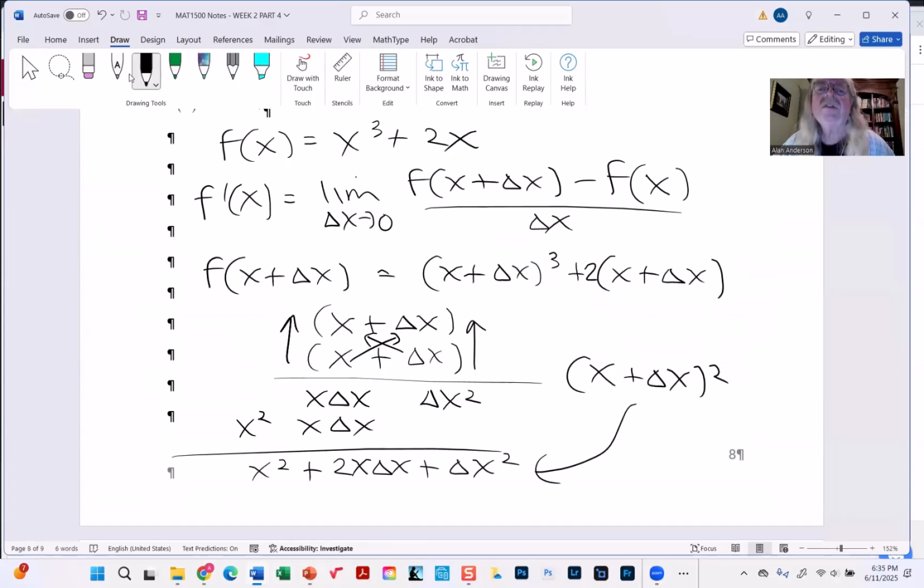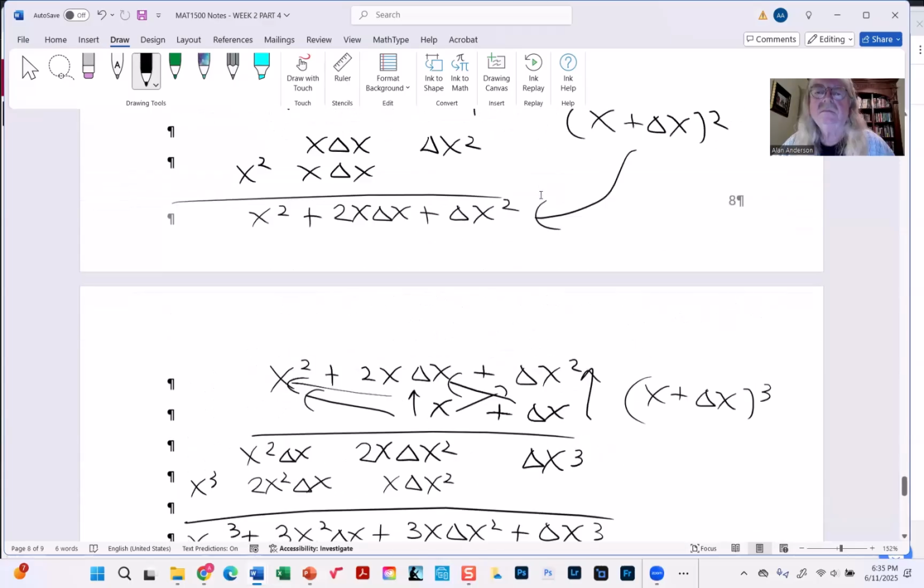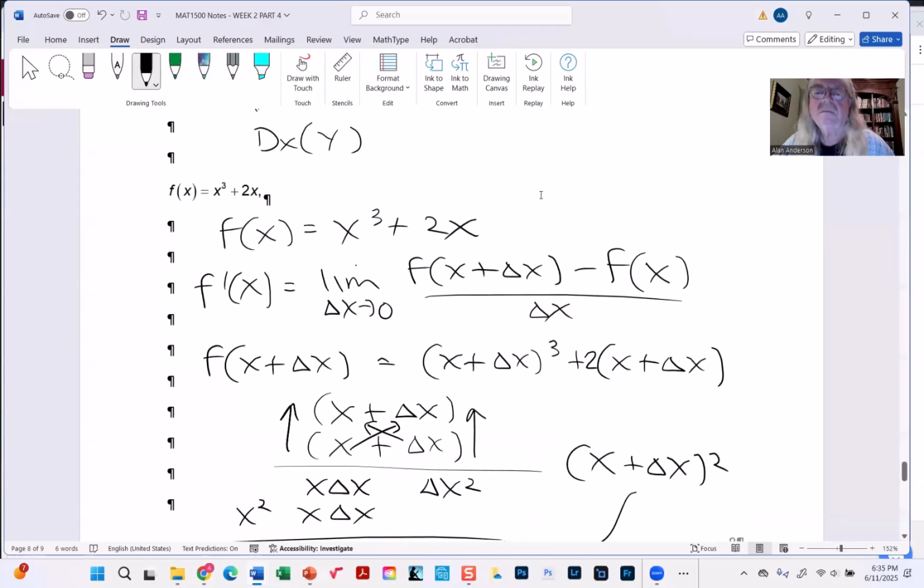But remember, we don't just need f of x plus delta x. That's what we just calculated. We also now need to subtract the original function from that. Well, actually, no, I'm sorry. All we did there was x plus delta x cubed. We still need this part. Okay.